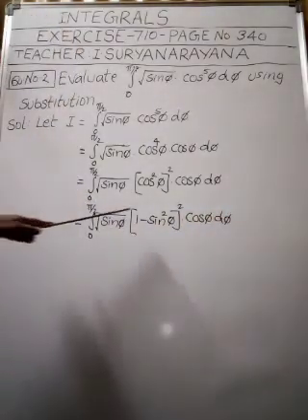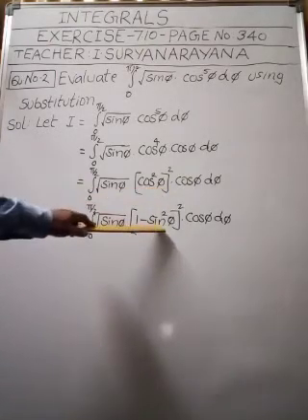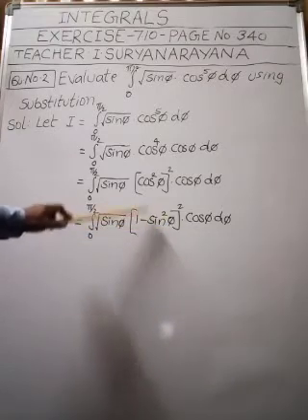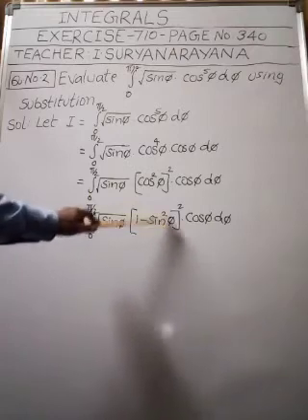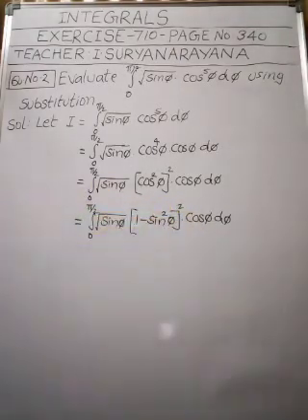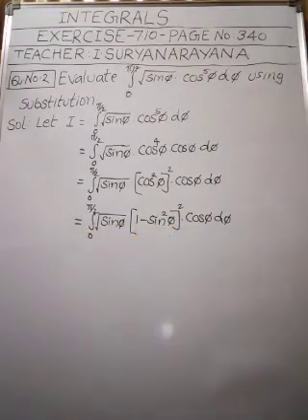Understood this step, my children? I wrote cos square phi is equal to 1 minus sine square phi, yes or no? Yes. So I wrote cos square phi as 1 minus sine square phi. I wrote the remaining function as it is. Okay, my children? Right. Now we put sine phi is equal to t.